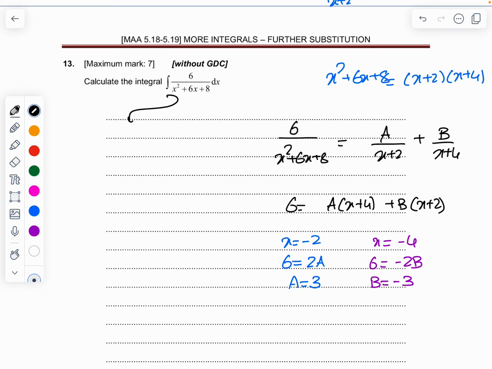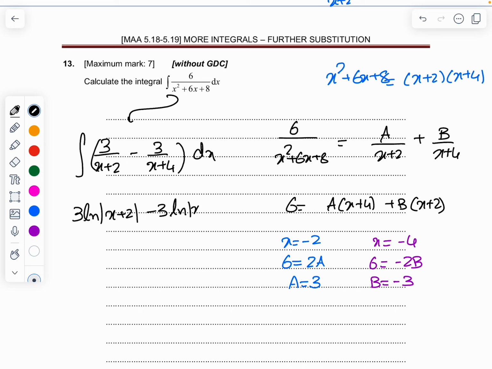It will become the integral of 3 upon x plus 2 minus 3 upon x plus 4 dx. So it is 3 ln of x plus 2 minus 3 ln of x plus 4 plus c. Further you can simplify: 3 ln of (x plus 2) divided by (x plus 4) plus c.